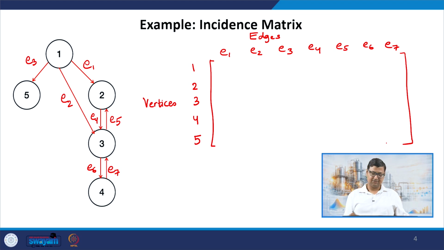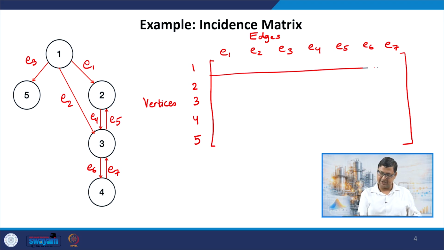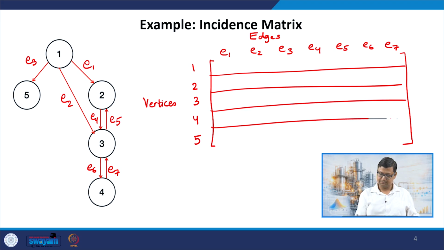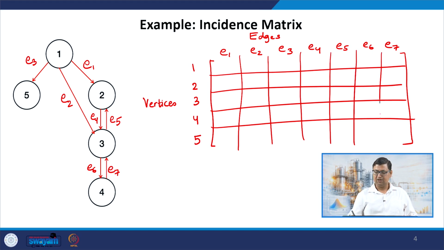incidence matrix. Let me draw some lines to guide. Just to make it easier to differentiate, I am drawing these lines, it's not required. So we have something like this, and now for every edge, I will see along the columns whether it is incoming or outgoing at a particular vertex, right?